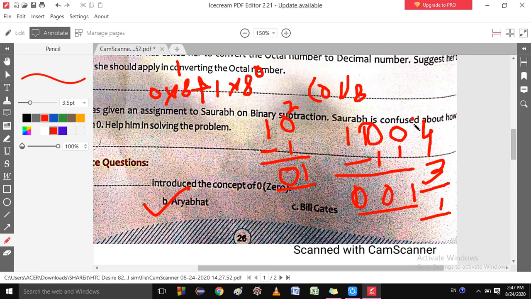In the same way in binary, 0 1 borrowed 1 0, again it will also borrow 1 1 0, so 1 0 means 2, 2 minus 1, here will be 0, and here 2 minus 1 equals 1, so the answer will be 1. So this is the answer.